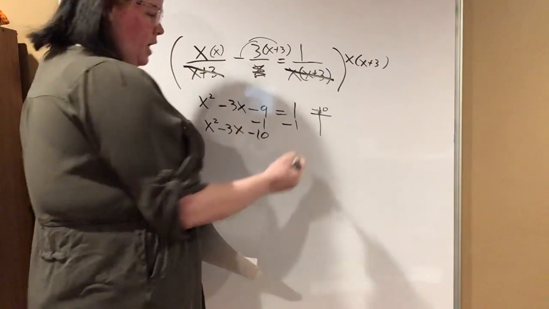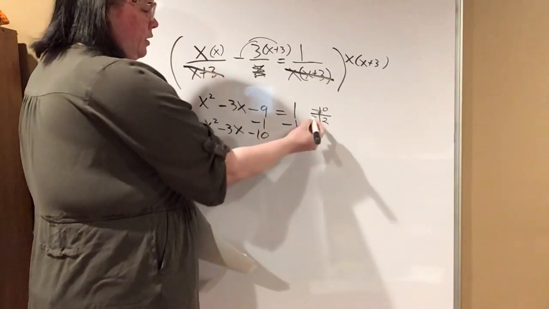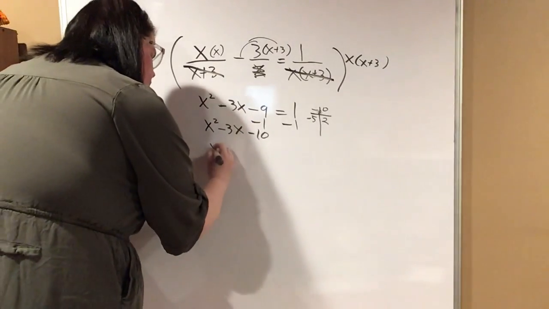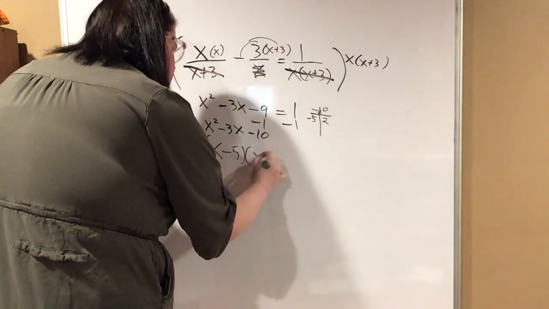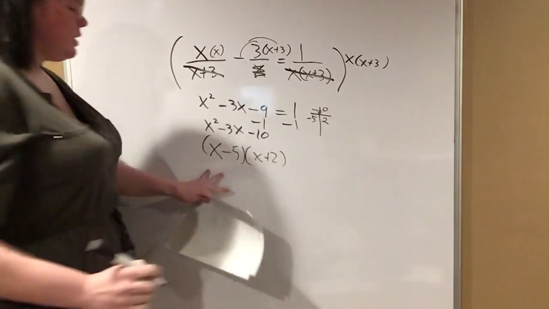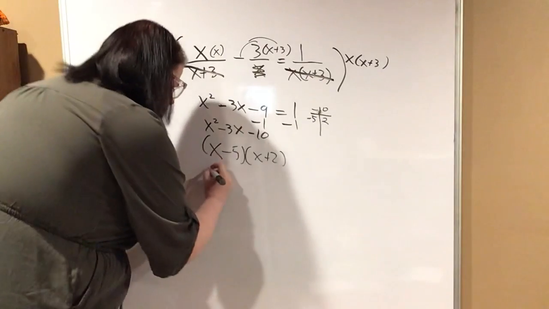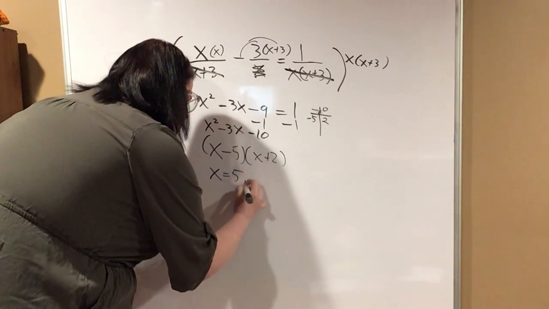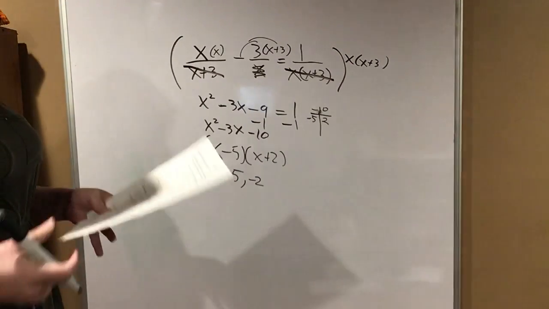Factors of negative 10 are 5 and 2, and they have to add to negative 3, so 5 has to be negative. So we go x minus 5 and x plus 2. Set each of those equal to 0, and that's where we're getting our x equals 5 and negative 2.